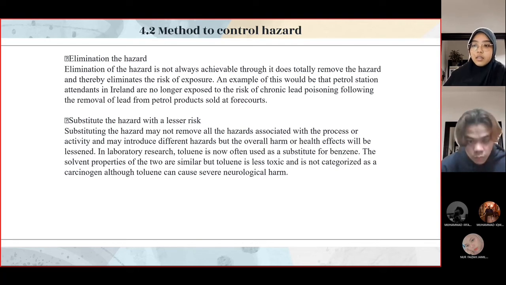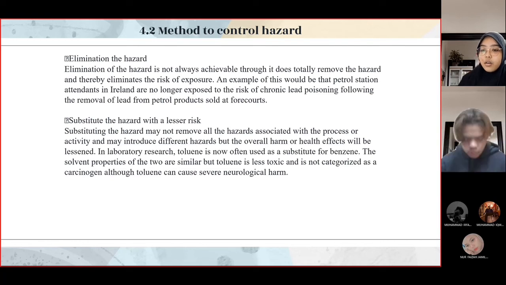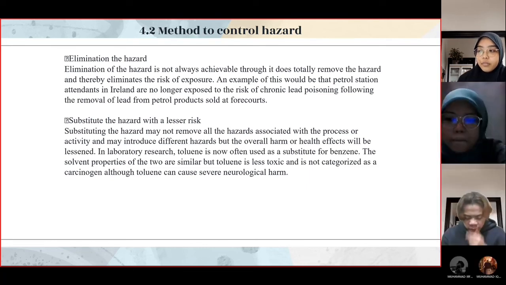Substitute the hazard with a lesser risk. Substituting the hazard may not remove all the hazards associated with the process or activity and may introduce different hazards, but the overall harm or health effect will be lessened.